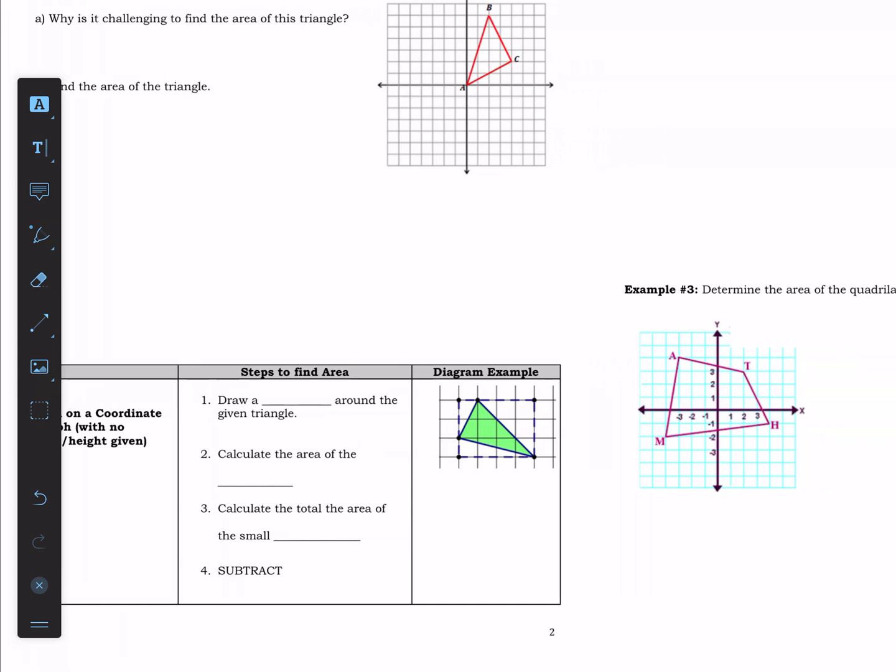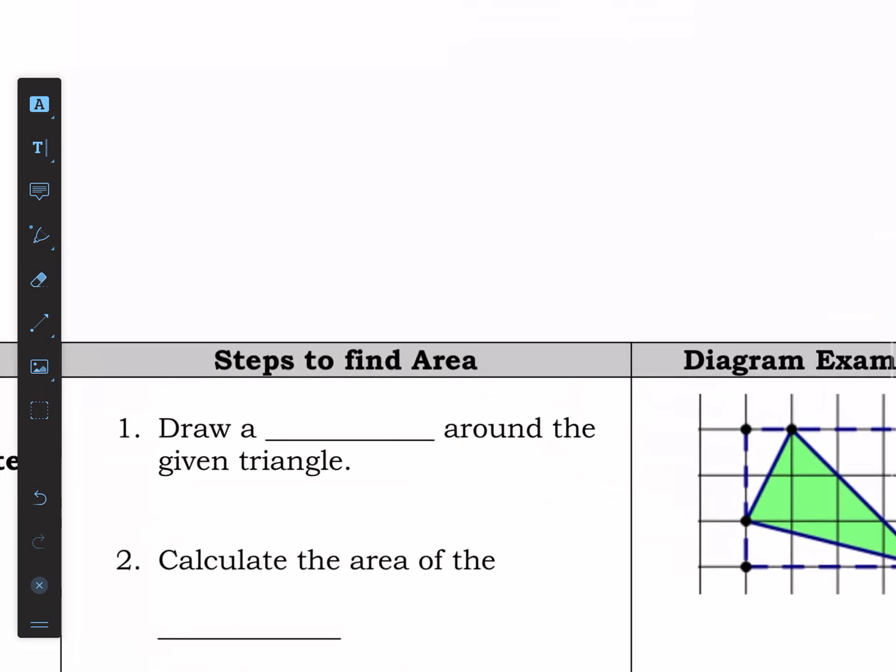So if you're given a figure where you can't clearly count the spaces to do, you know, in this case, 1/2 base times height, what you want to do is draw a rectangle going around it. So draw a rectangle around the given triangle.